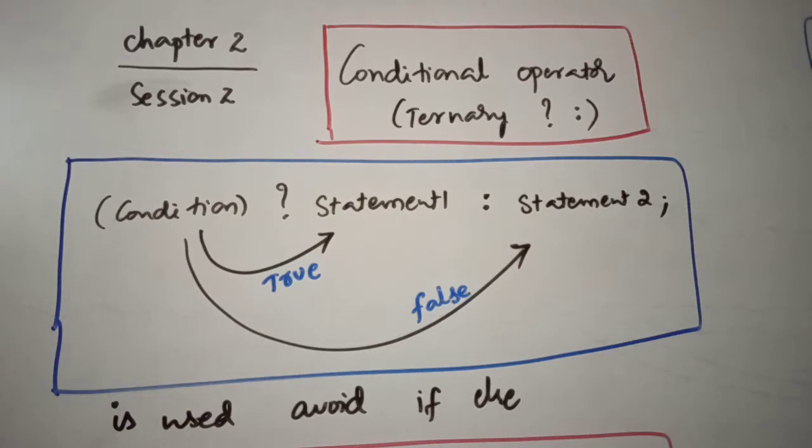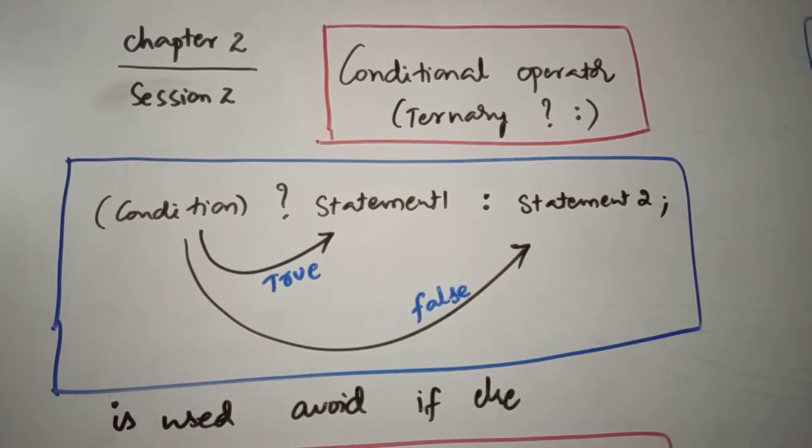Condition true, statement 1 will be executed. Condition false, statement 2 will be executed. Just like your if else, there also condition true, the statement before else will be executed. Condition false, the statement after else will be executed. Here condition true, the statement after question mark will be executed.